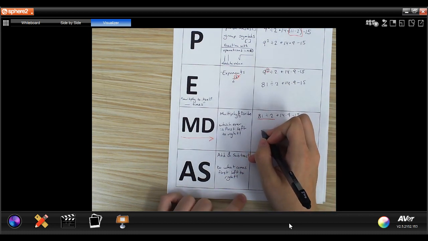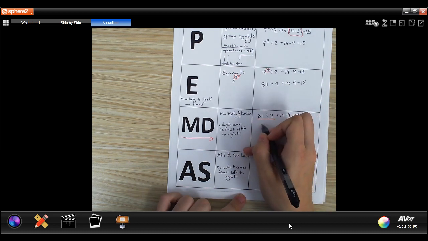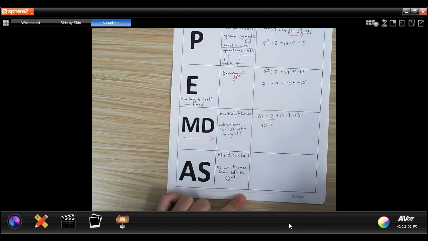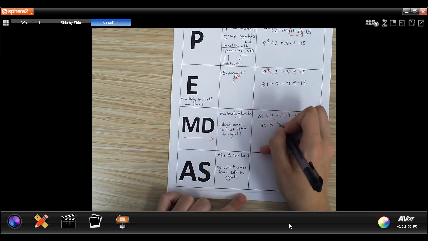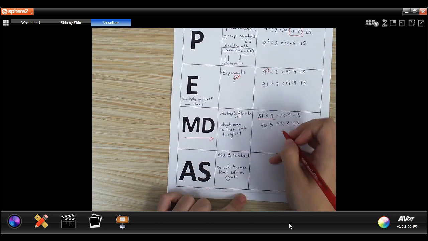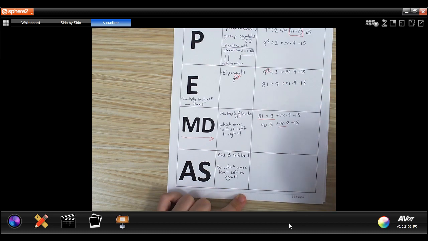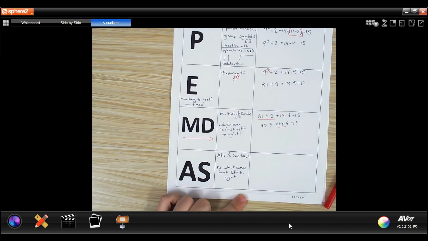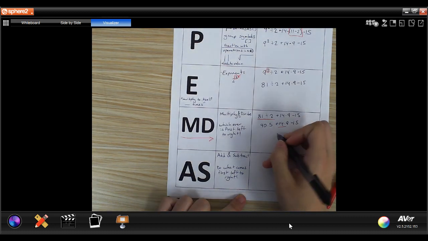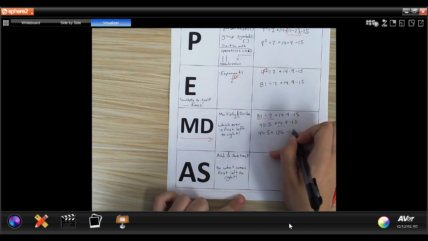So if we do that, we get 40.5 plus 14 times 9 minus 15. All right, the next one, multiply or divide. We've got our 14 times 9 is next. So that's the next one that we need to do. And when we do 14 times 9, we get 126. So I have 40.5 plus 126 minus 15.